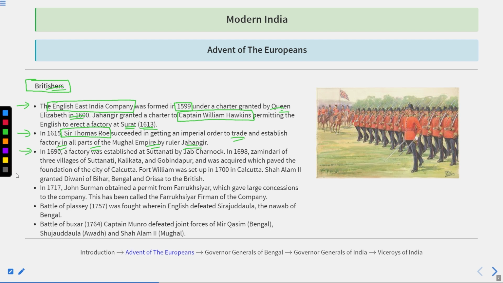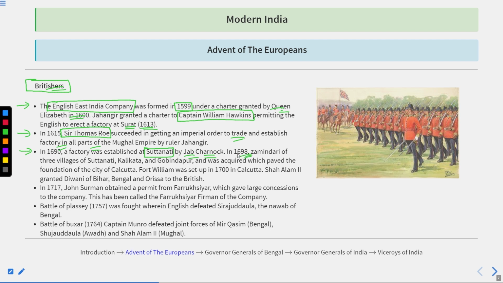Thereafter, in 1690, a factory was first established at Sutanuti by Job Charnock.